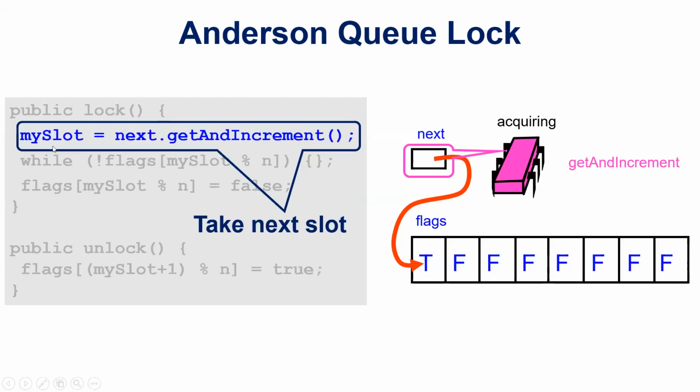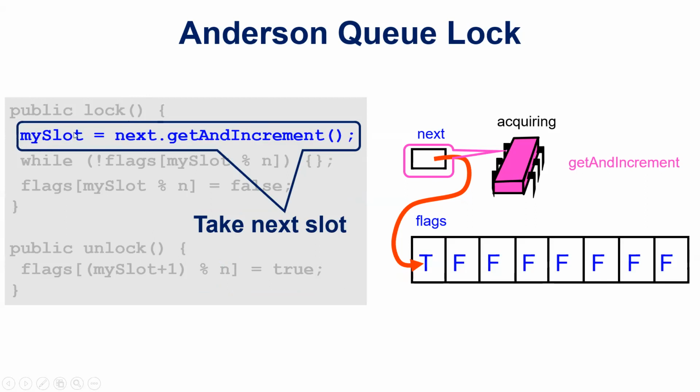Here, whenever a thread wants to acquire the lock, it first claims a slot by incrementing the next field. That is, my slot equals next.getAndIncrement. Initially we are initializing the next value with 0, so next will return 0 to my slot.